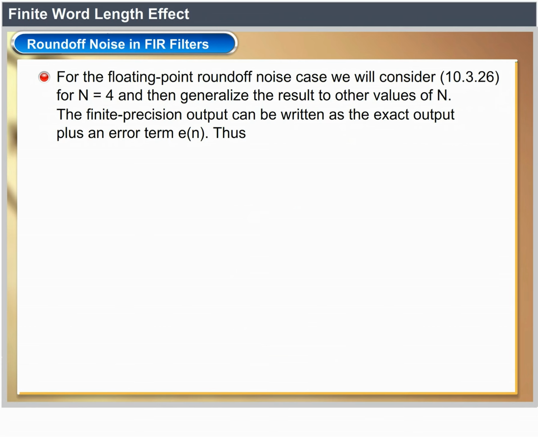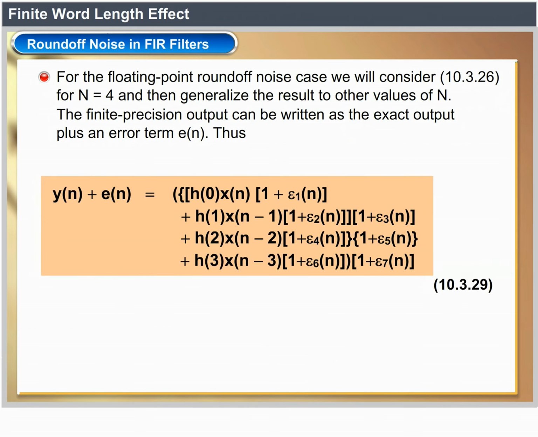Then y of n plus e of n equal to h of 0 into x of n into 1 plus epsilon 1 of n, plus h of 1 into x of n minus 1 into 1 plus epsilon 2 of n into 1 plus epsilon 3 of n, plus h of 2 into x of n minus 2 into 1 plus epsilon 4 of n into 1 plus epsilon 5 of n, plus h of 3 into x of n minus 3 into 1 plus epsilon 6 of n into 1 plus epsilon 7 of n, called equation number 10.3.29.